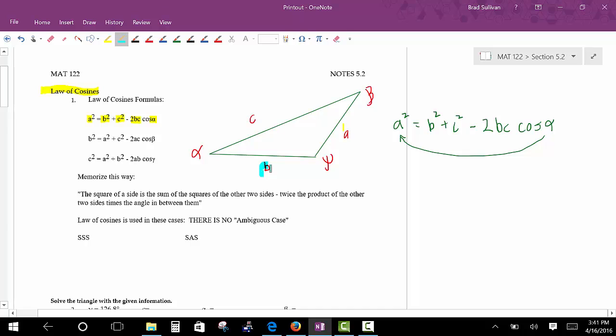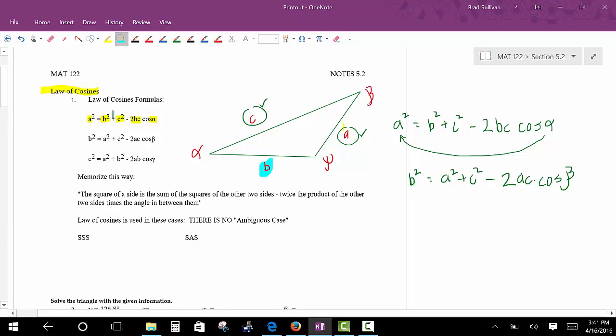When you remember how this formula goes, you pick a side and square it. That's equal to the sum of the squares of the other two sides minus twice the product of those other two sides, times the cosine of the angle that is opposite side B. So that's how that goes. You want to practice that and make sure that you can do it.